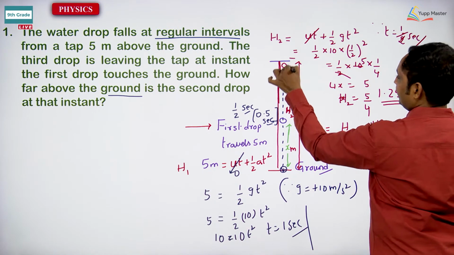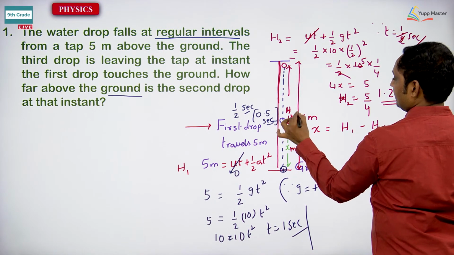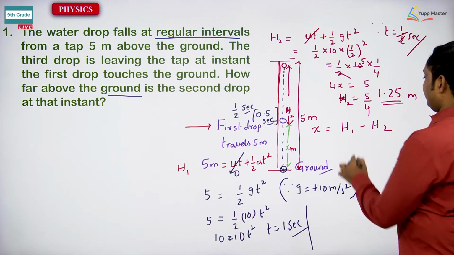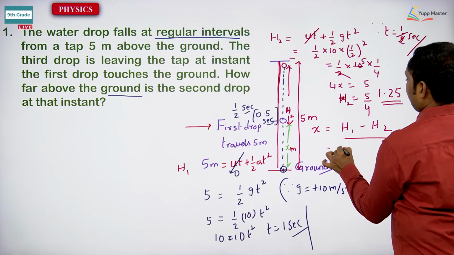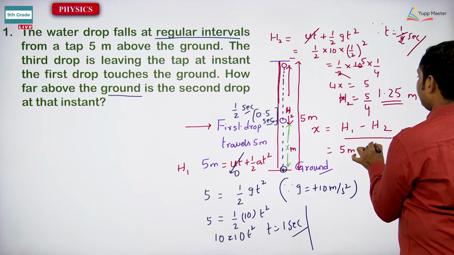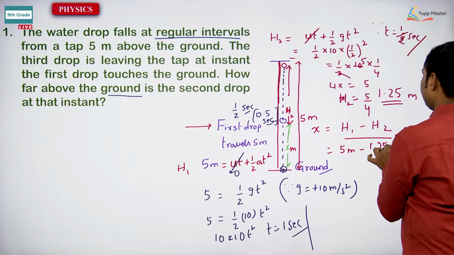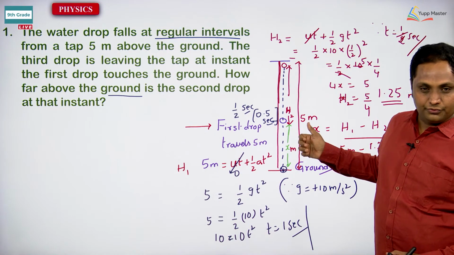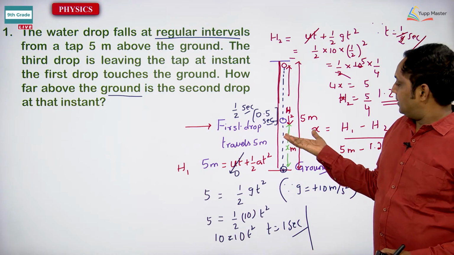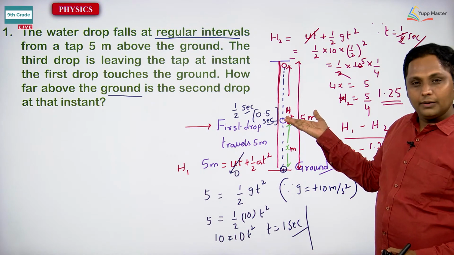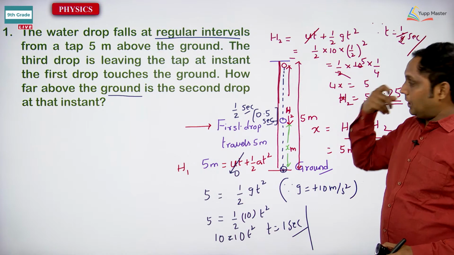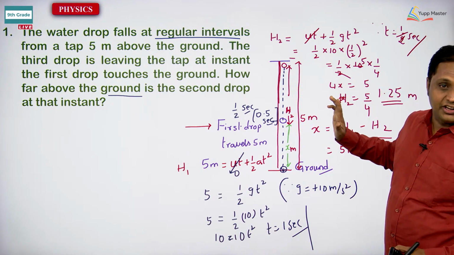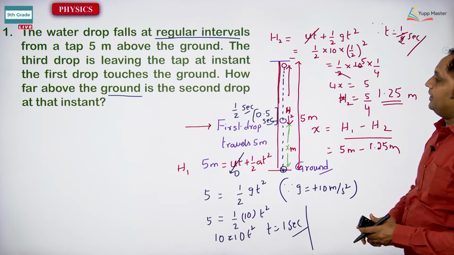To find x, that is 5 meter minus 1.25 meter. You want to find the height of the ball above the ground, where it is present above the ground, that is the question.